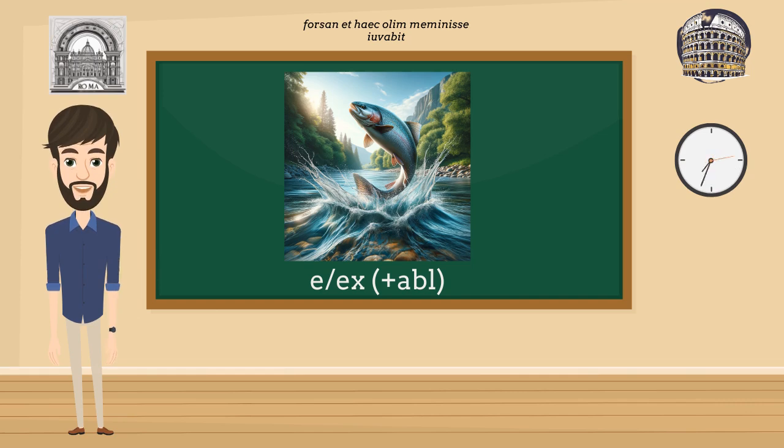And as it happens, the meaning of ex, which is out of, has something in common with the meaning of ab, which means away from. Consider the orientation of the motion from the noun that will take the ablative case. If we go away from something or out of something, we're leaving.